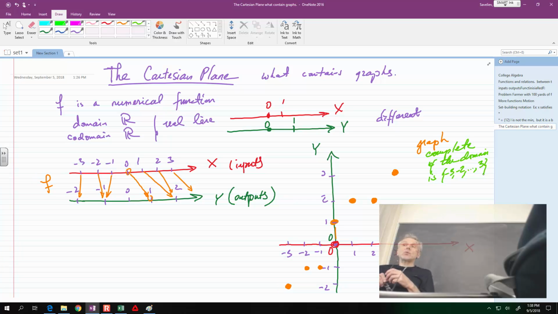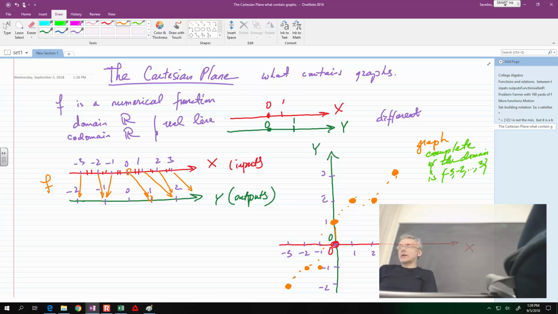It is when there is more complexity, and every element between these might be a possible input. These might also be possible inputs. Then there will be more dots. Each of these points will go somewhere, and there will be dots here somewhere. We don't know. So the graph might be a curve. There might be infinitely many points, and if there are enough of them, they might merge together into what might be a curve.